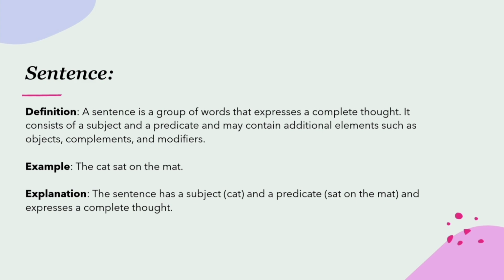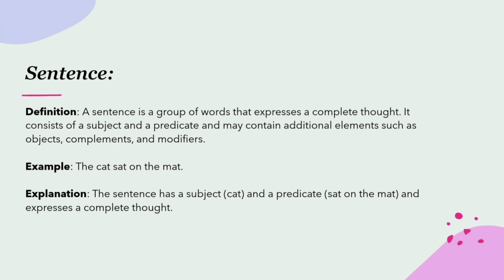It consists of a subject and a predicate and may contain additional elements such as objects, complements, modifiers, and other things. Example: the cat sat on the mat. Here the subject is "the cat" and "sat on the mat" is the predicate. So it is giving a complete thought.